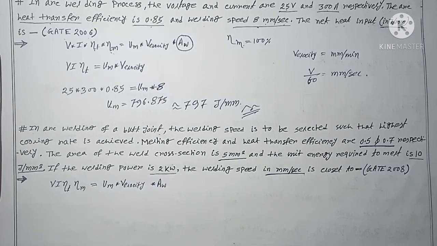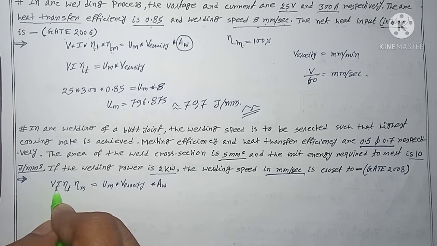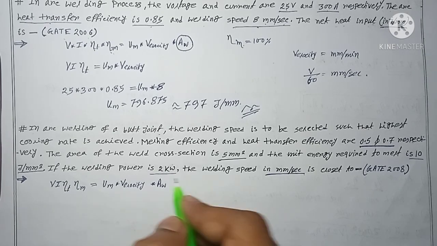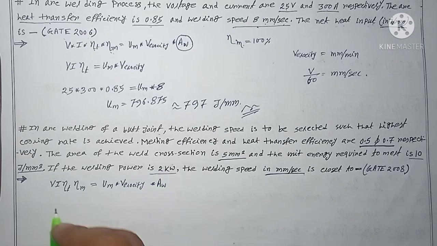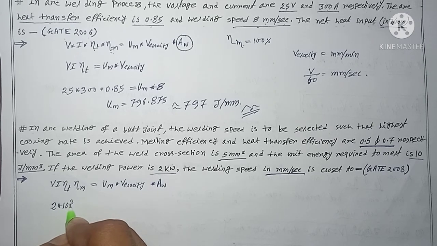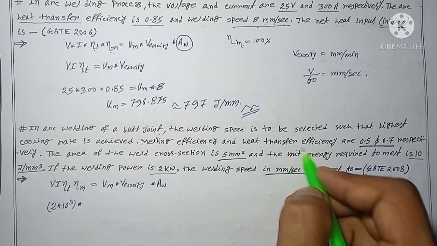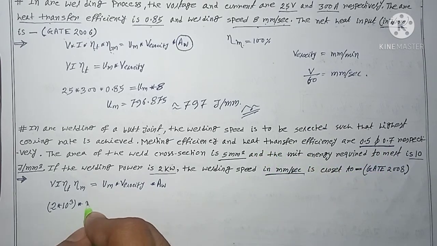Now voltage into current is nothing but your power, and the power is given as 2 kilowatt. Let us convert it into watt: 2 into 10 cube, this is your V into I. Then transfer efficiency is 0.7, and melting efficiency is 0.5.